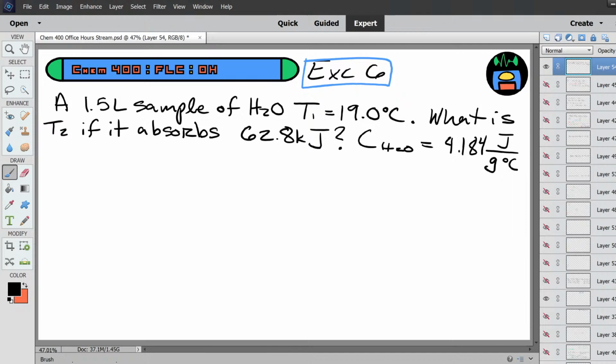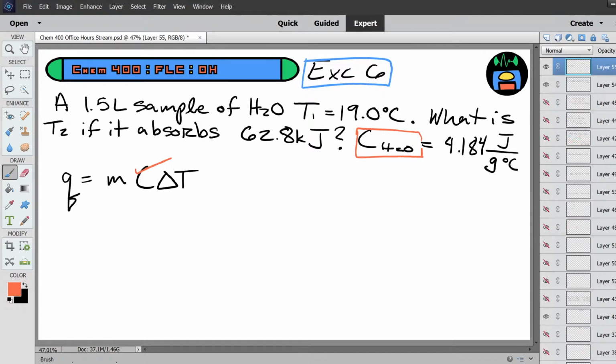All right, so anytime you are given a problem that has specific heat in it, you will most likely have to use the equation Q equals mcΔT, because that's the only thing really that has specific heat in it.